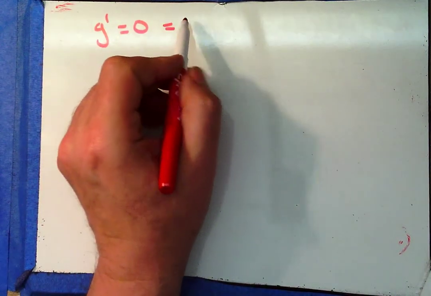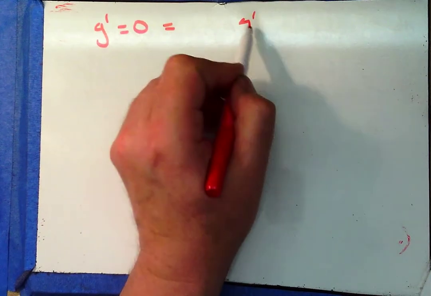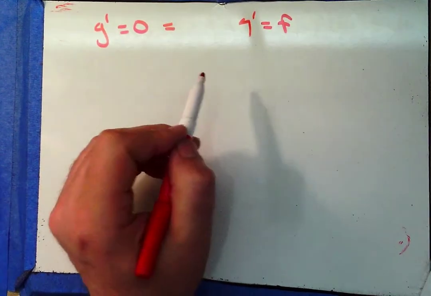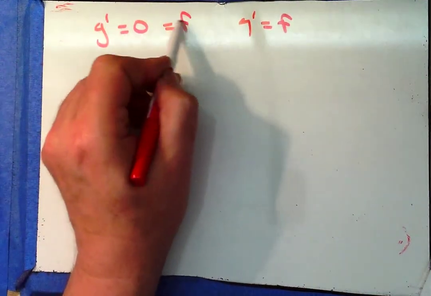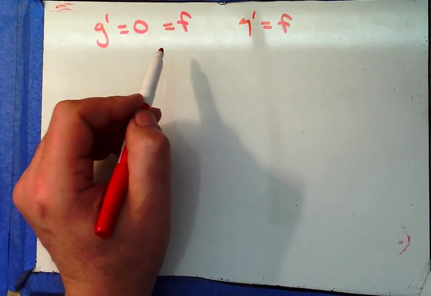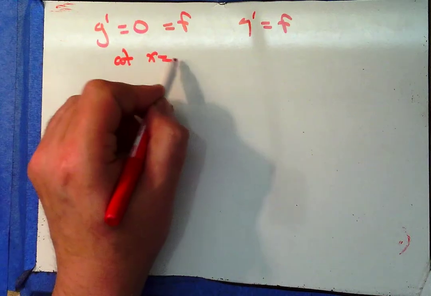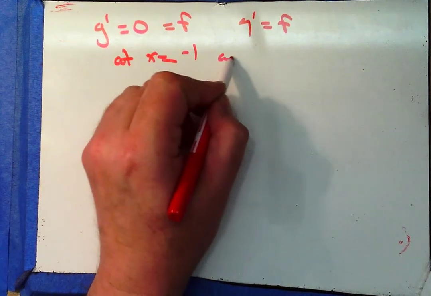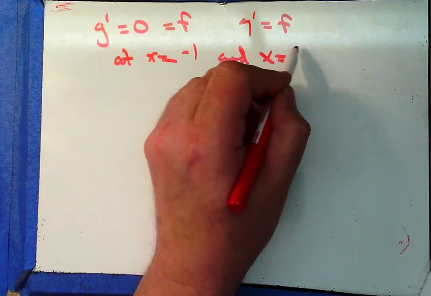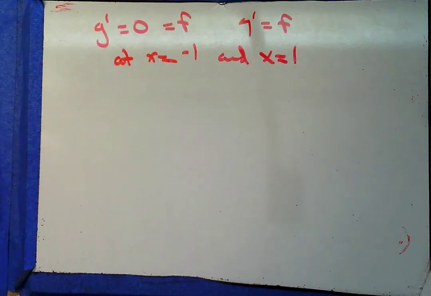We said that g prime, according to FTC1, was f, so we're looking for when f equals 0. Well, f equals 0 at x equals -1 and x equals 1.